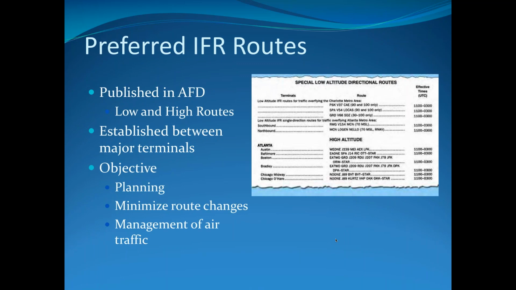So it's really on him to put them into the systems, and they're there. If we can use them, that's what we're going to use. Typically, these preferred routes are the default routes. It's what is automatically going to populate on our flight plan unless we go in and change it.